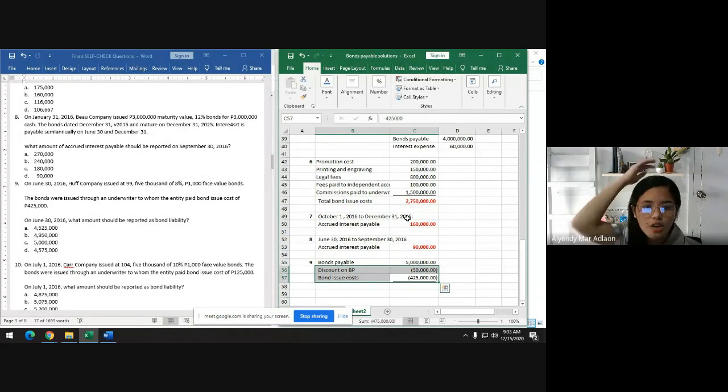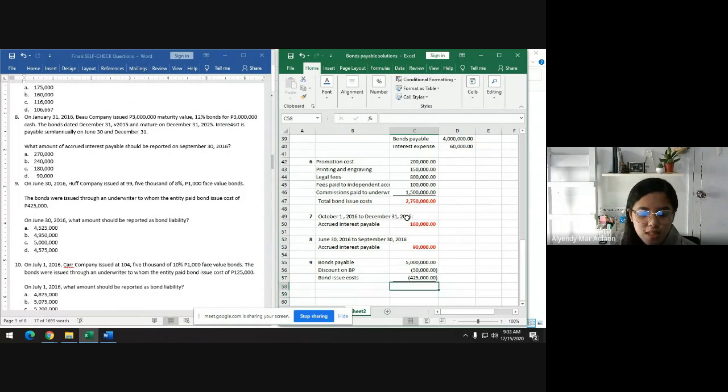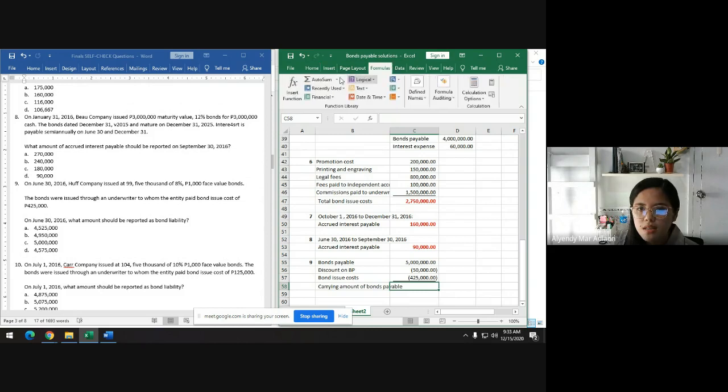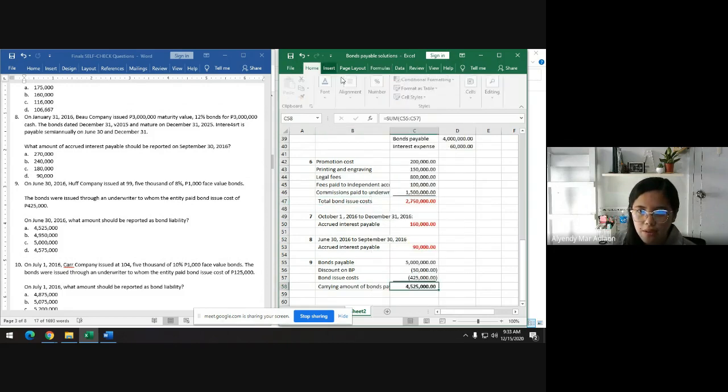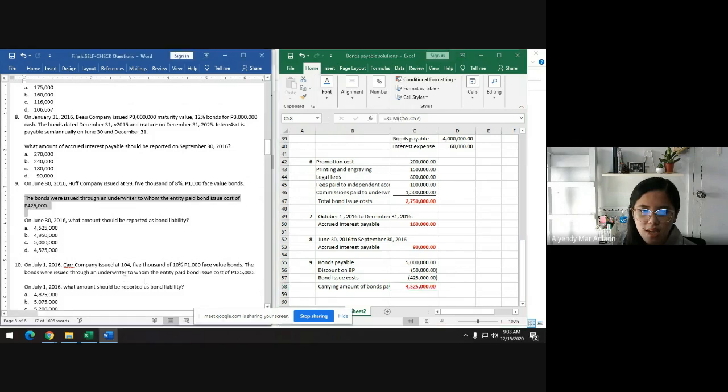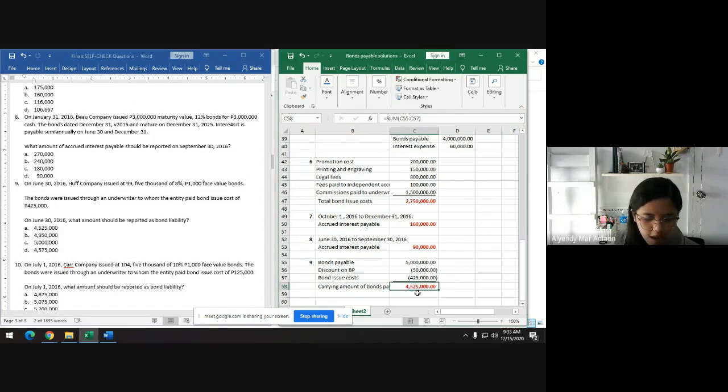If something has a credit normal balance and is set against another credit, you add them. But if it is set against something with a debit normal balance, you deduct it. Okay? So, how much is the carrying amount? The carrying amount of the bonds payable is 5 million minus 50,000 minus 425,000, that is 4,525,000. Okay, that is letter A.